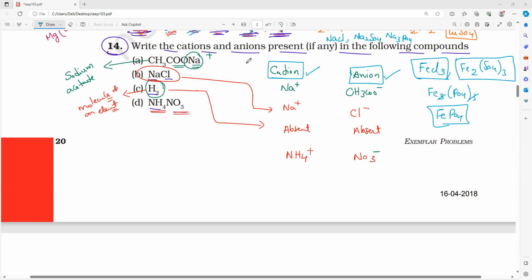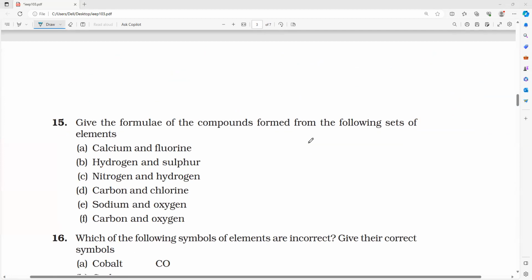Let us start with that. The next question is the most important question, the one you can expect in your exams. They will simply give the names and you have to write the positive ion and negative ion. First you should identify whether it will form a covalent compound or an ionic compound.